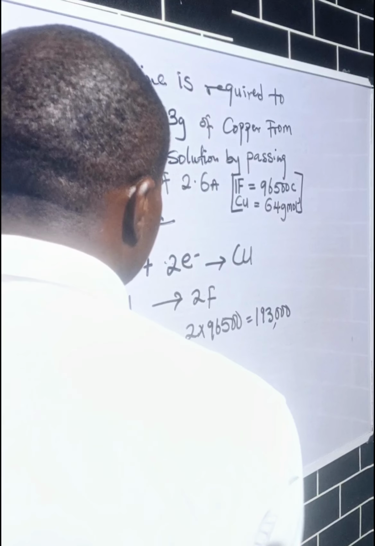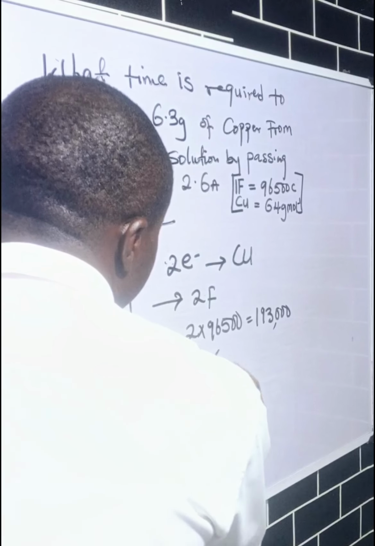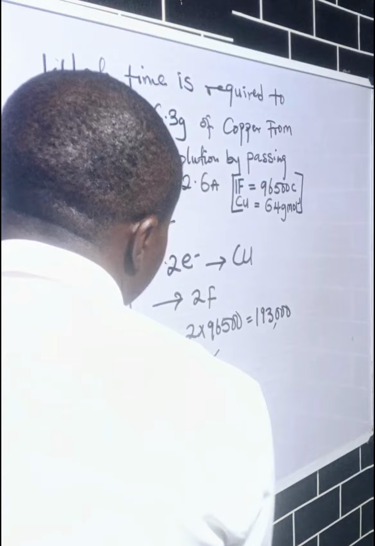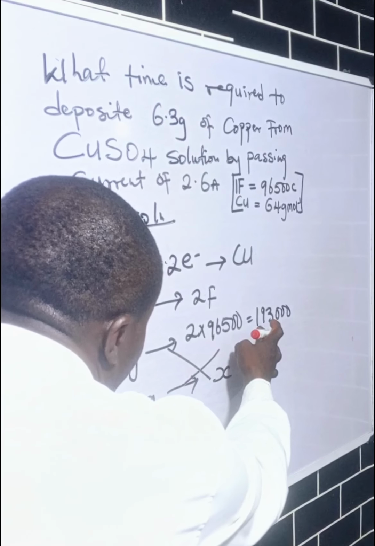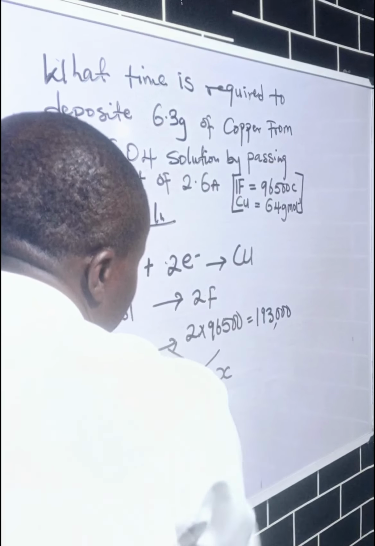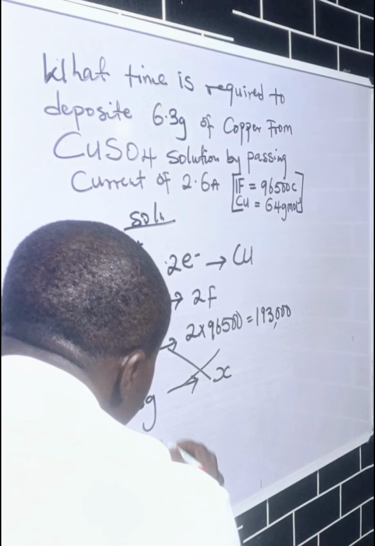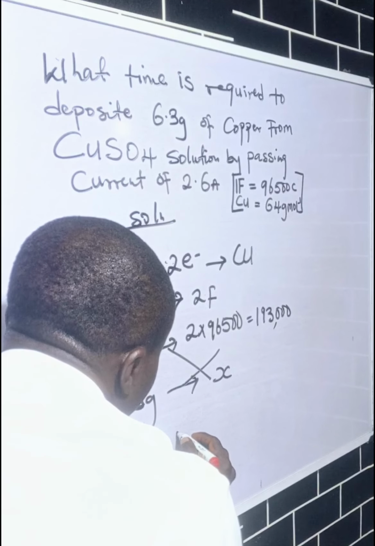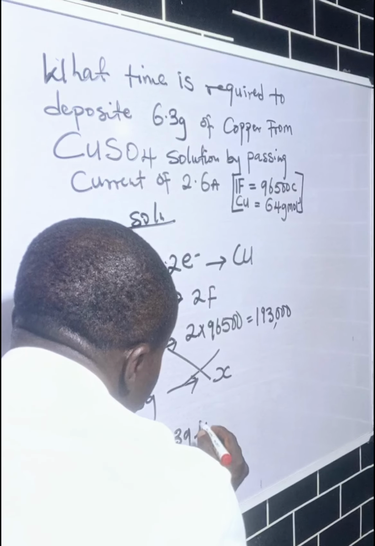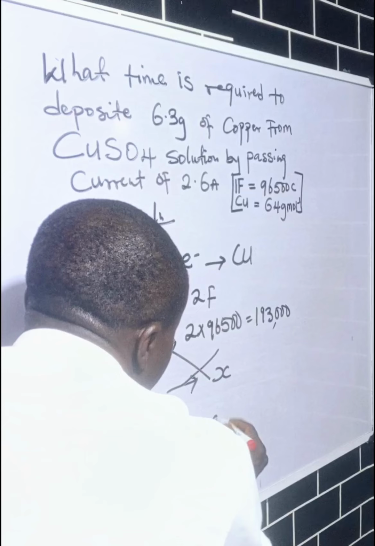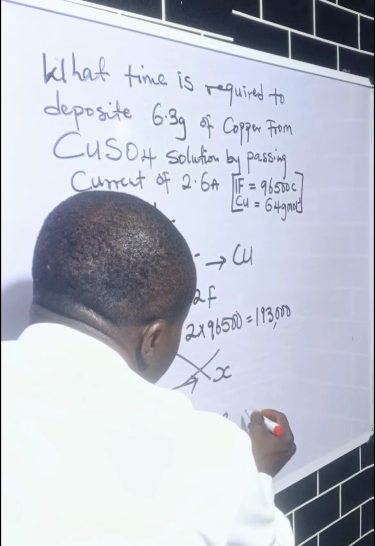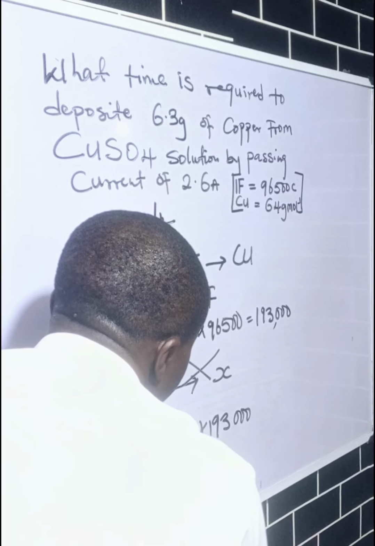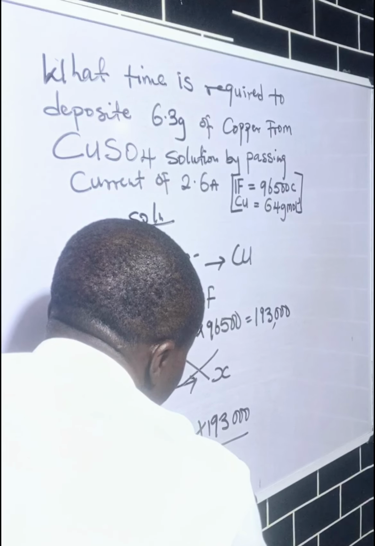By cross multiplication, we have 6.3 gram multiplied by 193,000, then everything over 64.